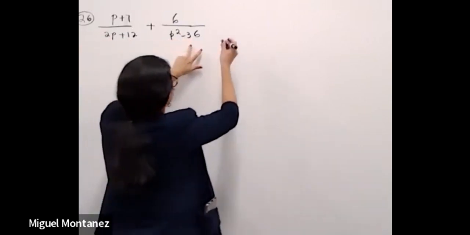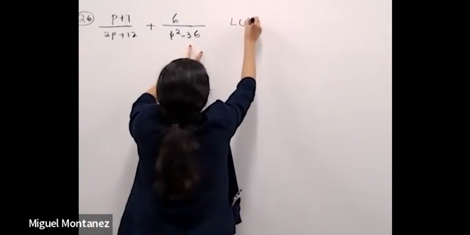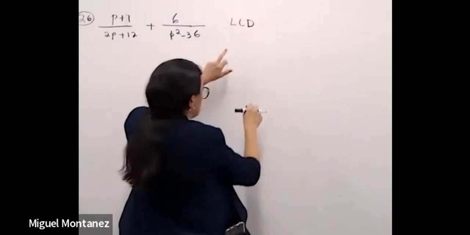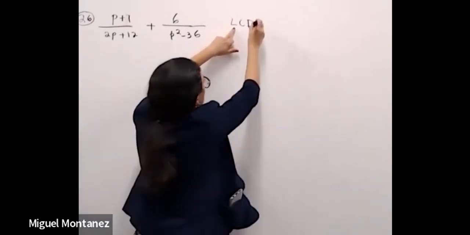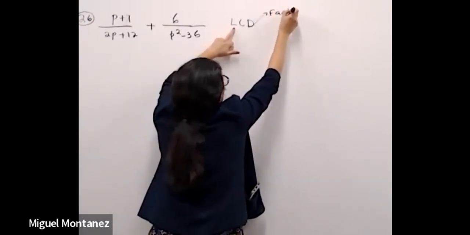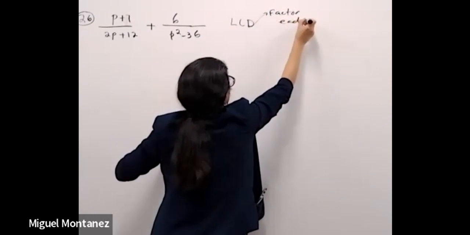Okay. In order to add the fractions, since they have different denominators, we need to find the LCD. The denominators are different, so we need to find a common denominator. In order to do that, we need to factor each denominator.